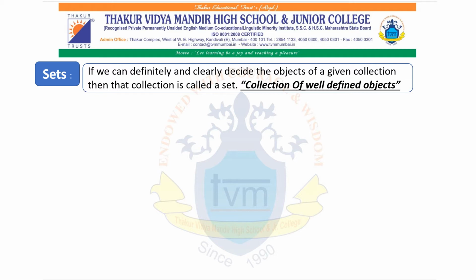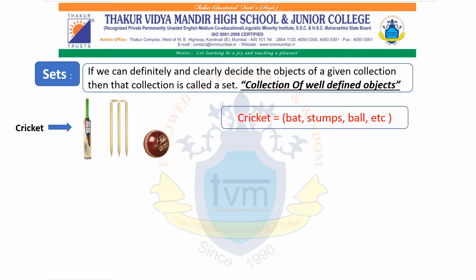Suppose we want to play cricket. The objects required for playing cricket are bat, stump, ball, etc., which can be written as cricket equals bat, stump, ball, etc. Here the objects we selected, bat, stump, ball, are well-defined objects for playing cricket.